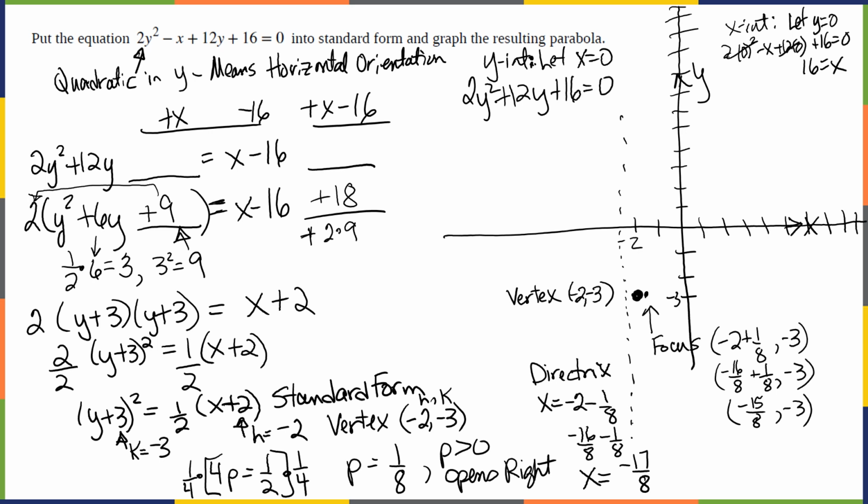And I would solve that by the quadratic formula to find my two y-intercepts. So -12 plus or minus the square root of 12 squared minus 4 times 2 times 16, over 2 times 2.